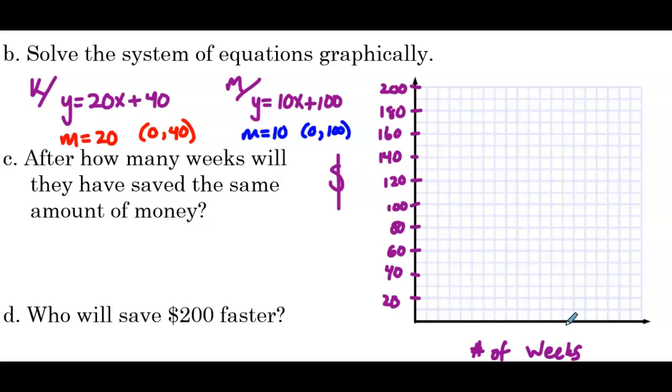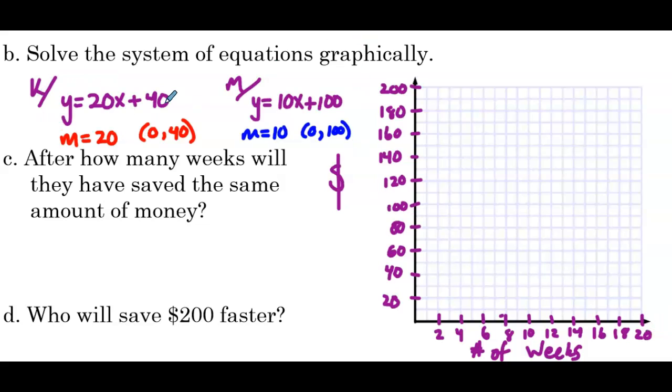And here, number of weeks, so let's just scale that by 1. So again, every 2 boxes will be 2, just so we don't have as much writing. 8, 10, 12, 14, 16, 18, and 20.